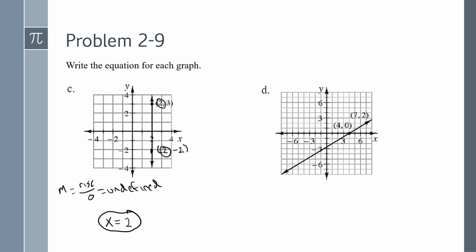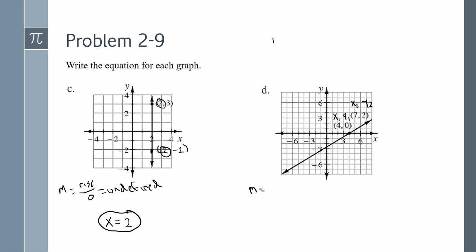So part D is another line, not vertical or horizontal, but notice how it doesn't go through a nice value here for the y-intercept. I'm given 2 points. So this one we're going to find the slope first, and then we'll use that to find the intercept. This is probably something you're really used to. So the slope is the change in y over the change in x. I like to label these as x1, y1, and x2, y2.